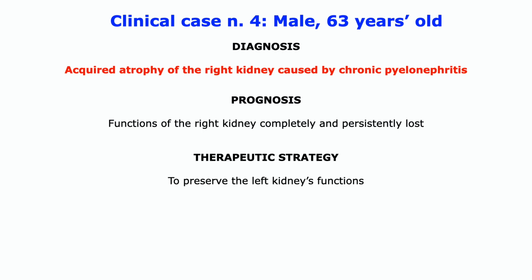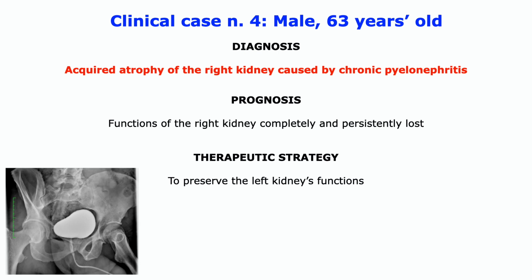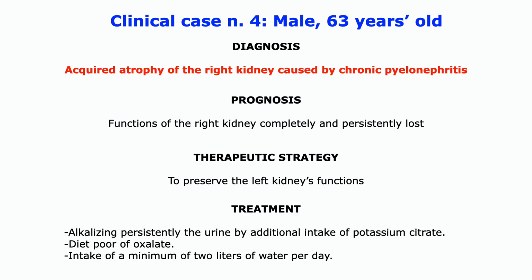The therapeutic strategy addressed the preservation of the health of the left kidney by 1. Ruling out any reflux from bladder back to ureter, which could bring ascending infection to the left kidney. That information was obtained by means of a voiding cystourethrography test. 2.